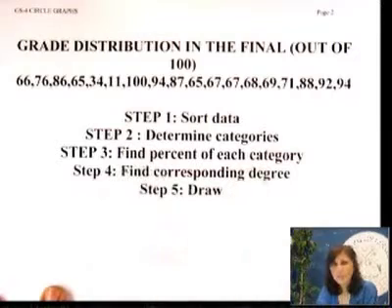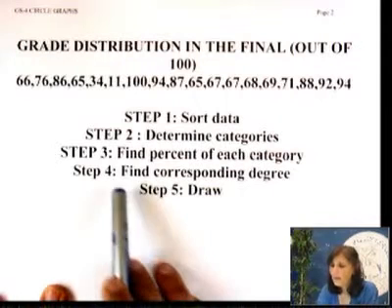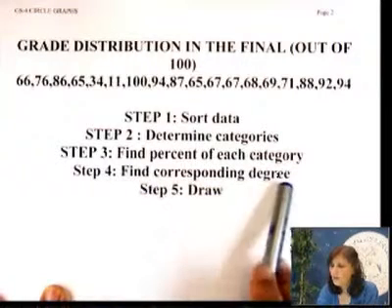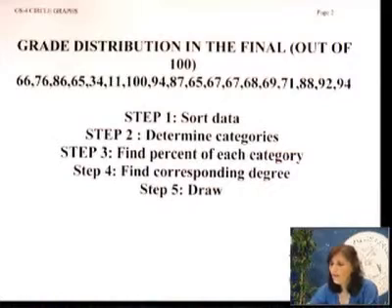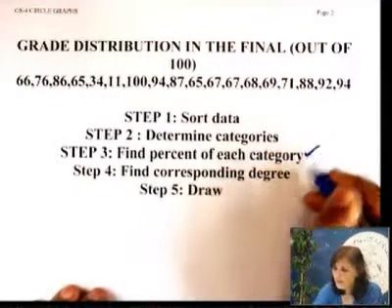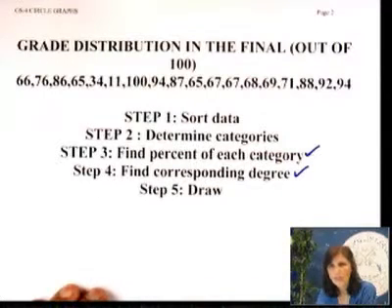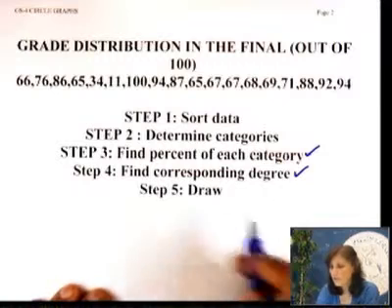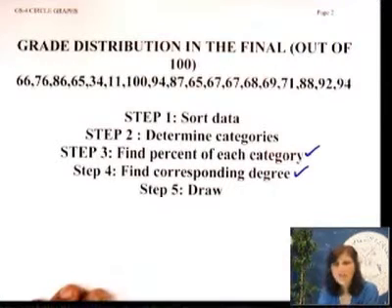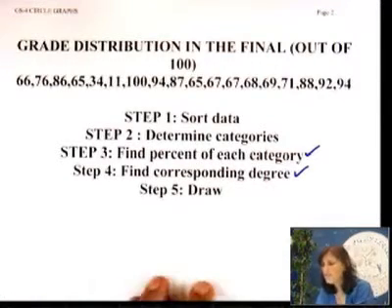And then I want to look at the percent of the category to see how much of a pie slice I need to put in there. To do that, I need to calculate the percent first, and then since it's a pie, I need to see how many degrees that is if I were to do it by hand with a protractor. So I can draw it by hand. I'll just show you those 5 steps of how I can do that for data.